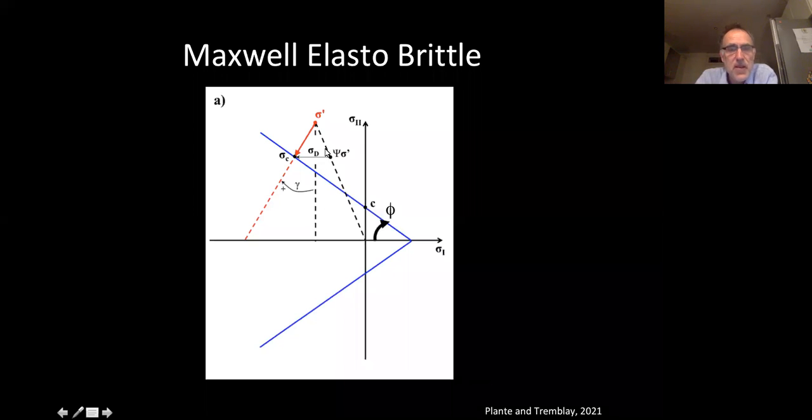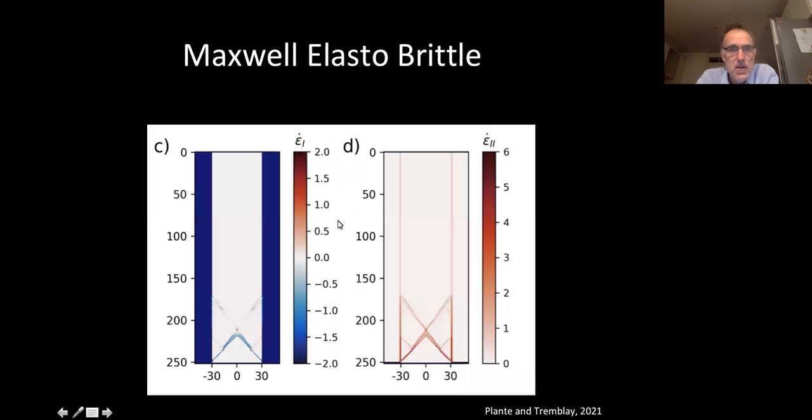So if we look at this Maxwell elastobrittle rheology and do a uniaxial loading test, what we see again is fracture angles that are similar to what we observed in the field.